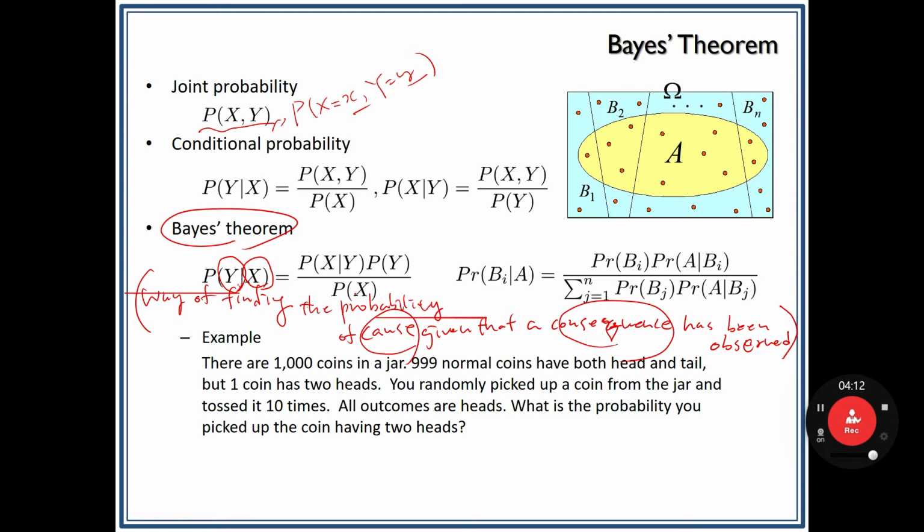Okay, then this probability is the probability of consequence, and this one is the probability of the cause itself, and this one is the conditional probability of consequence given that a cause is given.